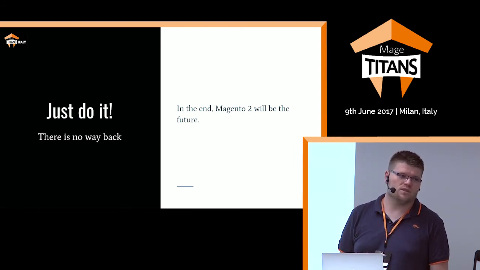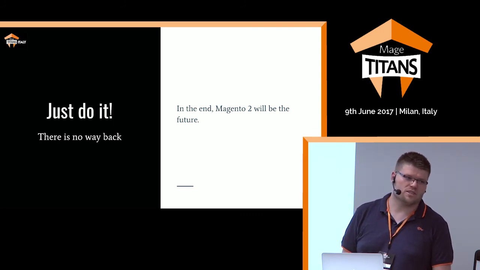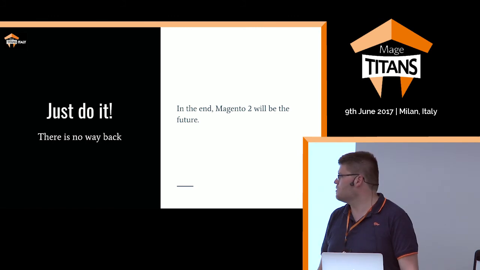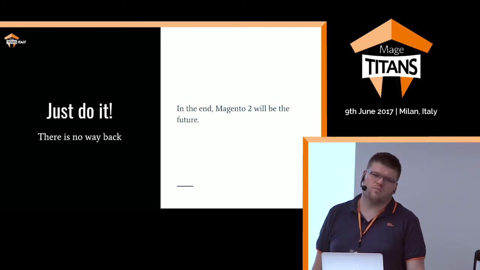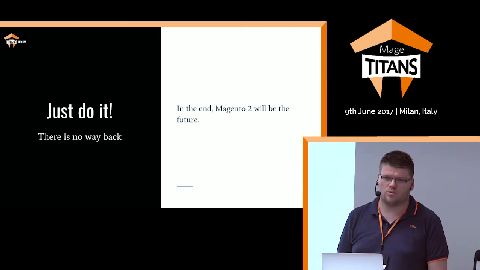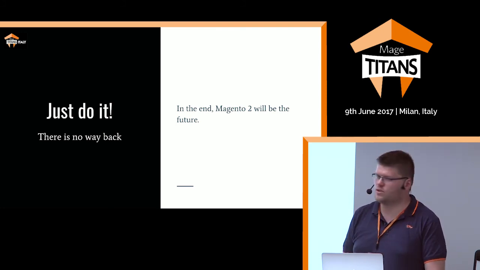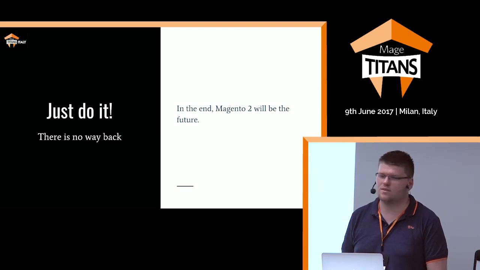The stuff we have with Composer, with Require.js, Knockout, that kind of stuff. Maybe it's complicated at this time, but if we work with it for a couple of months, it will be our new nature. Then it will be really difficult to just fix that one issue in Magento 1.